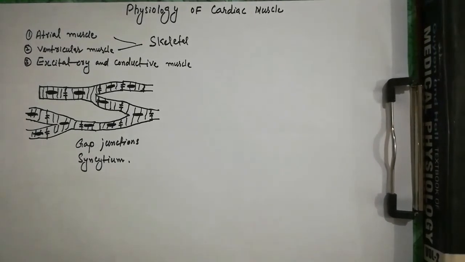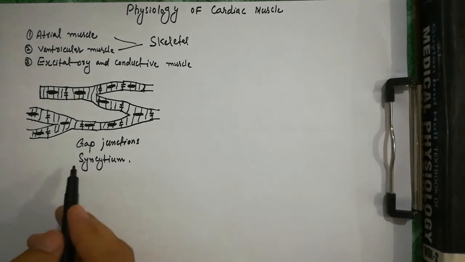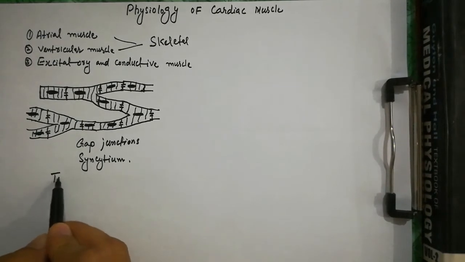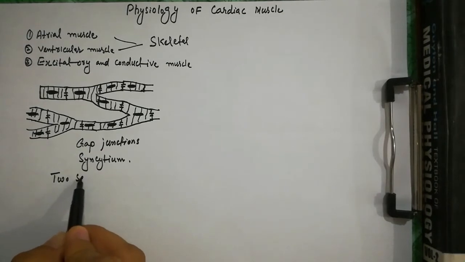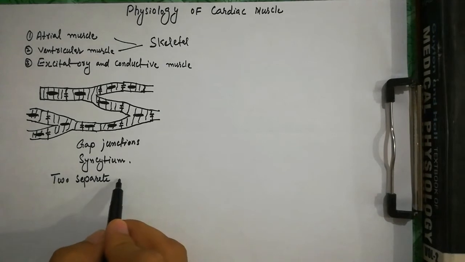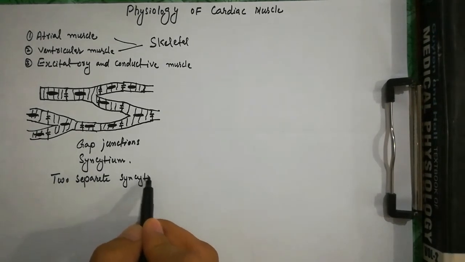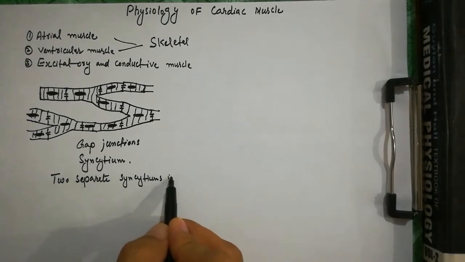Actually, the heart consists of two syncytiums: atrial syncytium and ventricular syncytium. Two separate syncytiums in the heart.